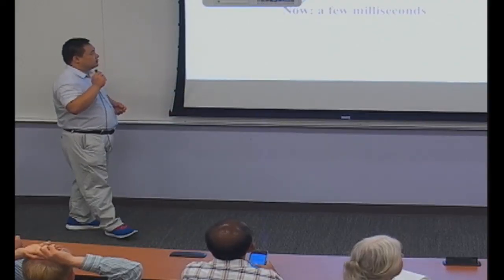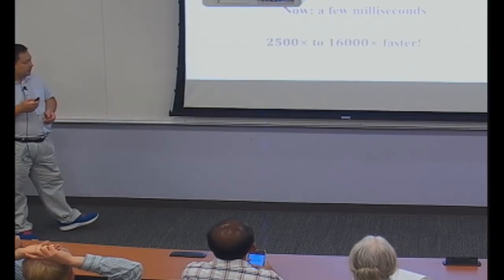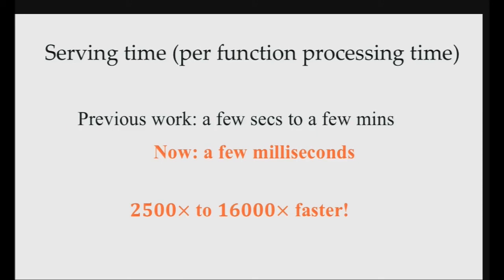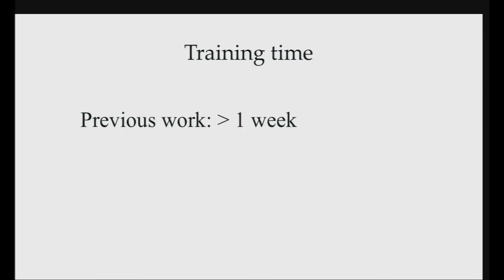Okay. Also, this is the serving time. So that is 2,500 to 16,000 times speed up. That is 3 to 4 orders of magnitude improvement. Also for the training time, that is also a dramatic improvement. For example, in the previous work, it will take more than 1 week to train their model.